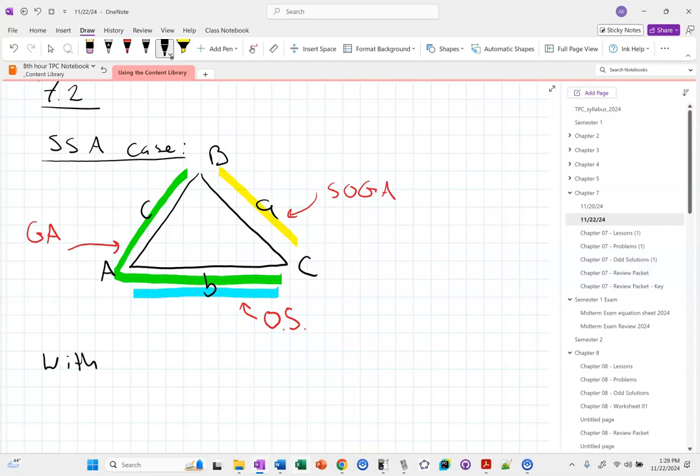So with an SSA triangle, given the givens, we can have 0, 1, or 2 triangles possible. What that's saying is that when we ask to solve an SSA triangle, it might not be possible.